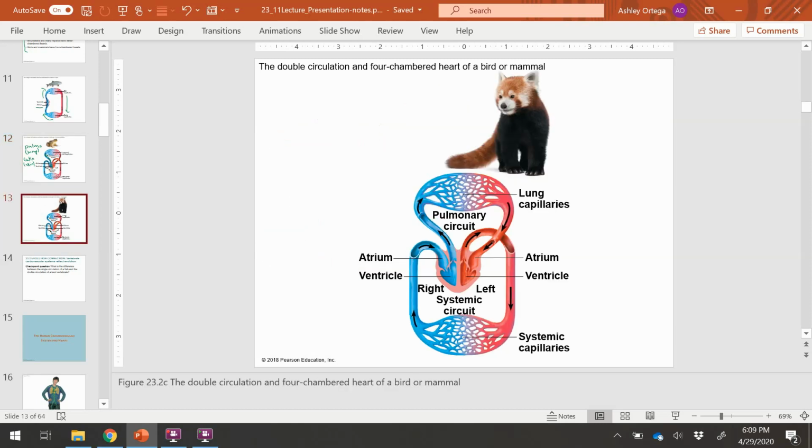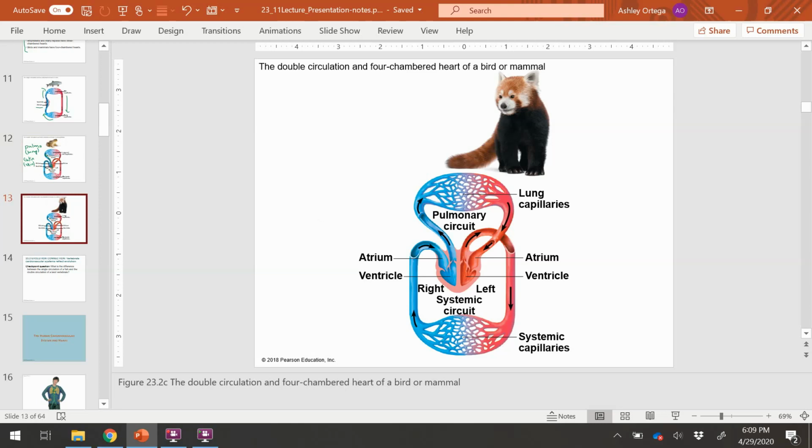All right, so looking at double circulation of a bird or a mammal with a four-chambered heart is essentially the same process, except there are a few changes. The first one is that the ventricle is divided into two, so there is a left and a right ventricle. And then there's the circuit.